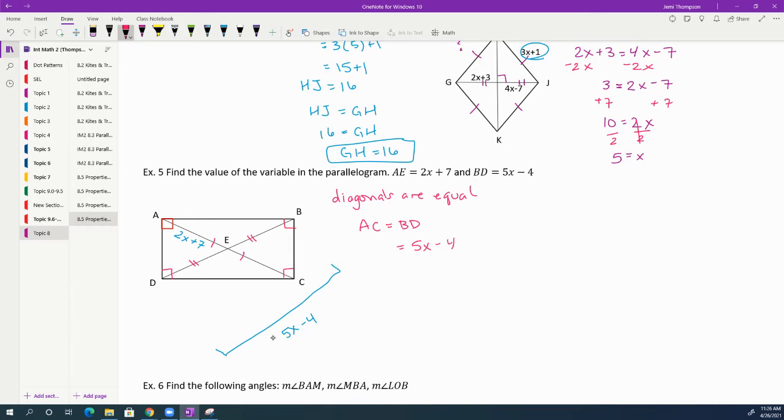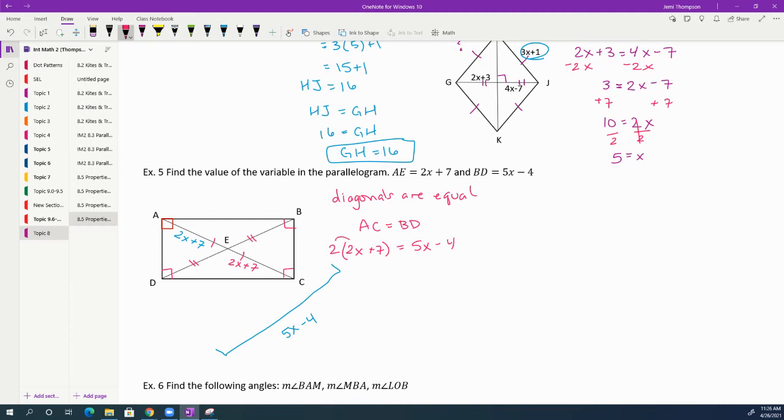And I have AE. I don't have AC. But all I need to do there is double it. Because if this AE is 2x plus 7, then that means EC is 2x plus 7 also. So I have 2x plus 7 plus 2x plus 7, or I just multiply by 2, is equal to 5x minus 4. The setup sometimes is the hardest part, guys, so just take a look, make sure that makes sense.